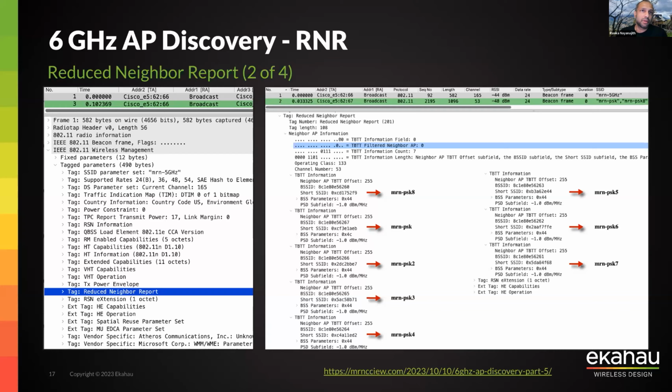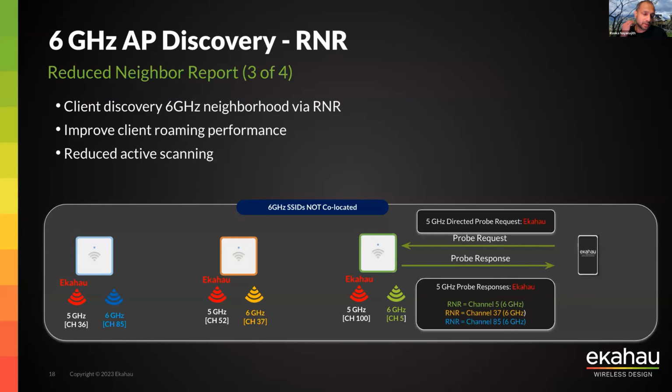Before we go to the summary, there is another use case of the RNR. The previous example we looked at was a co-located AP. That means my AP has a 6 GHz SSID and a 5 GHz SSID in the same AP. But this RNR function can be used even in scenarios where the SSIDs are not co-located.